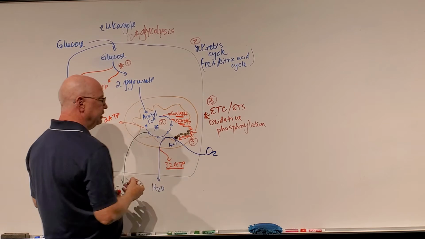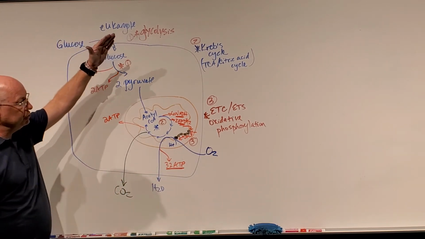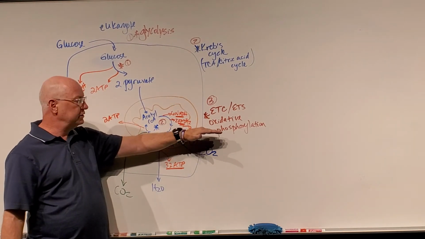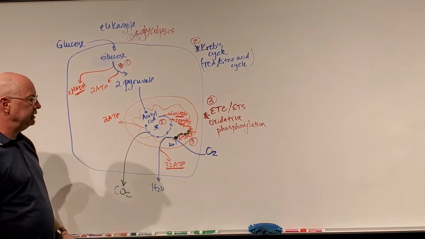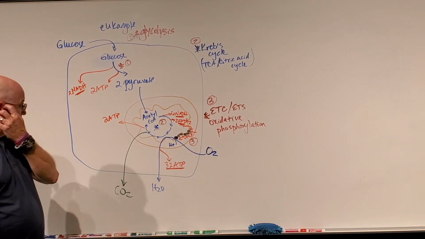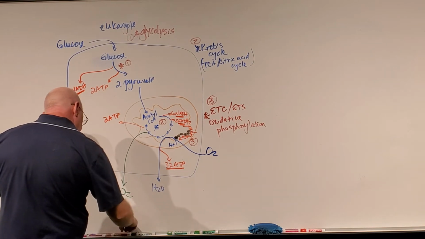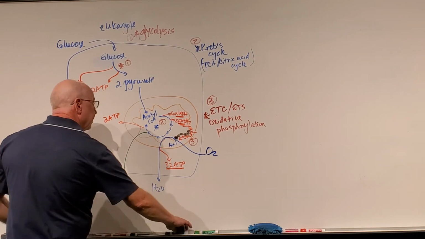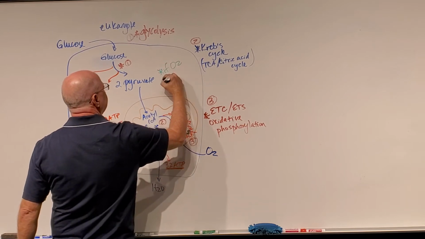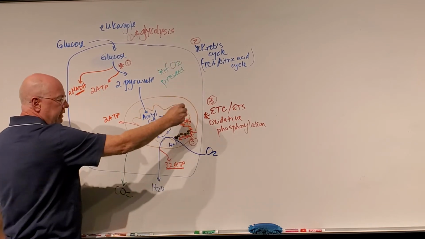That's the 3rd step. So in these 3 major steps, glycolysis, Krebs (TCA or citric acid cycle), and oxidative phosphorylation, or ETC or ETS, that's going to give me all of my ATP. Okay? Now, a little kicker here. If oxygen is present, if I have enough oxygen going, then I can do all of this.